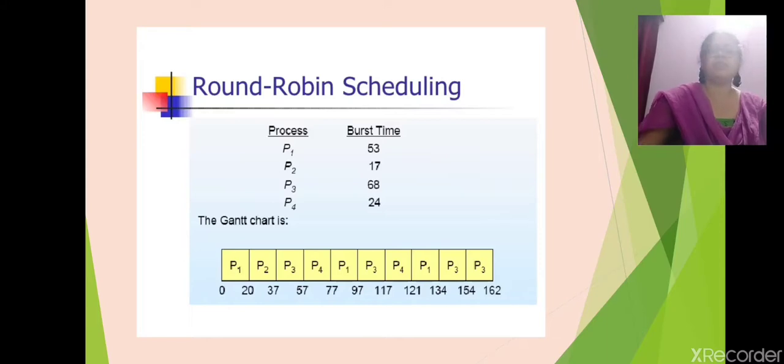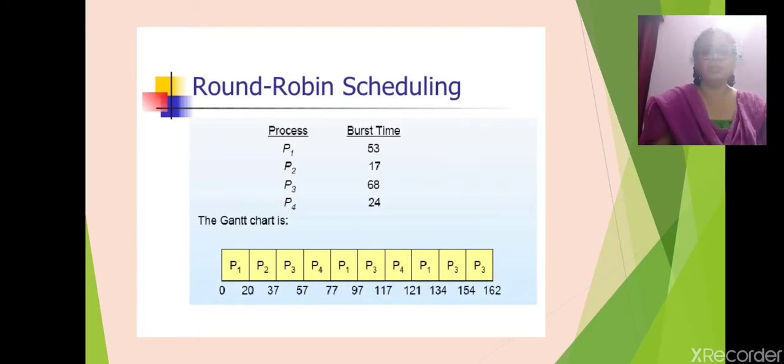If we use the time quantum of 20 milliseconds, then process P1 gets the first 20 milliseconds. Since process P1 requires more time and cannot be completed in 20 milliseconds, it is preempted after the first time quantum and the CPU is given to the next process in the queue, P2.